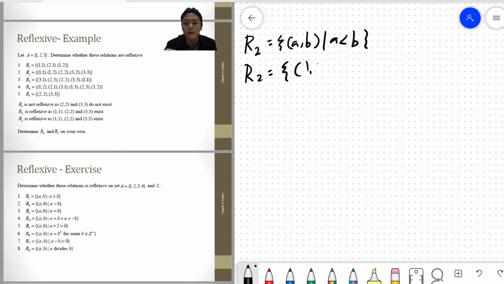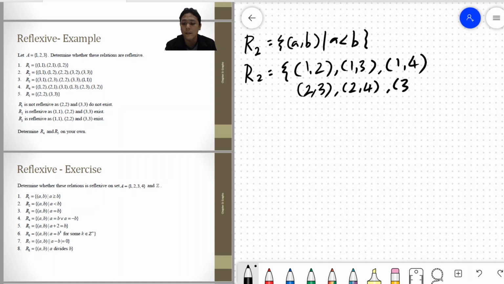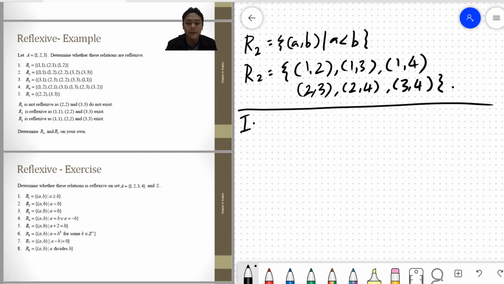It will be (1, 2), now the question, is R2 reflexive? And again, why?